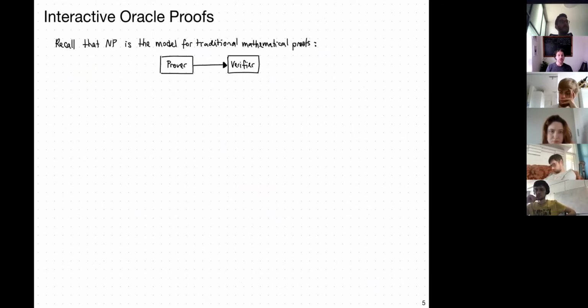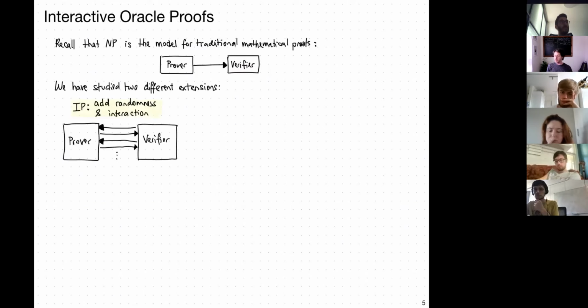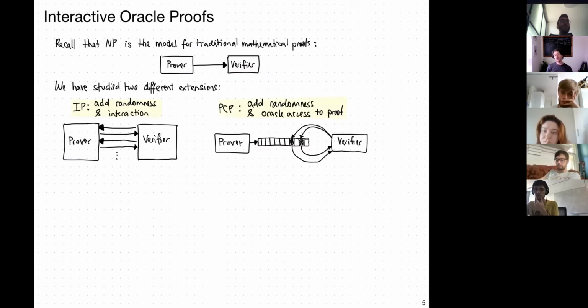So, we start by remembering that when we say what is an NP proof, we have a prover, or it's an existence of a proof, and the proof is given as one object to a verifier, and the verifier reads the entire thing and checks the proof. And we also saw two extensions of that. One of them is an interactive proof, where prover and verifier are talking to each other, and the notion of PCP, where we have a prover that sends a long proof, and the verifier only probes it, say, at 3 locations or something like that.